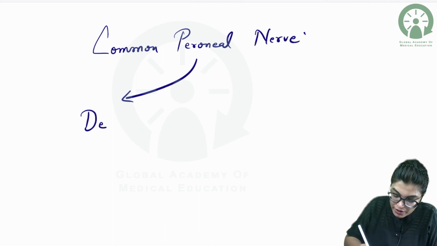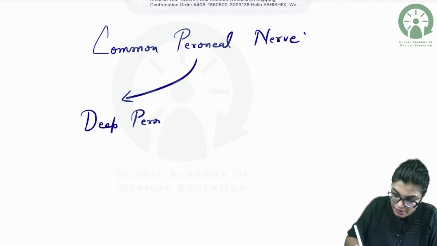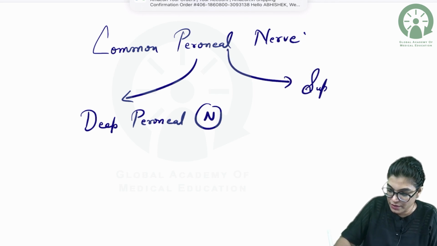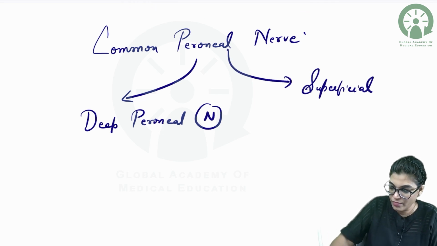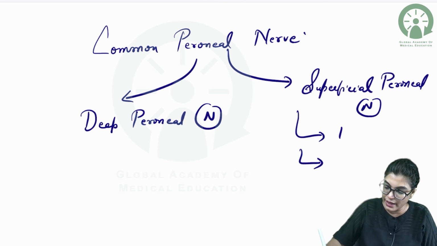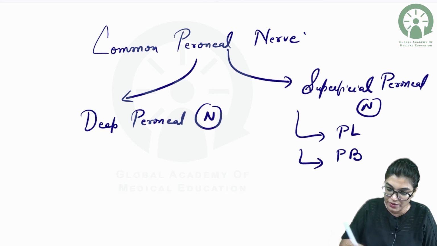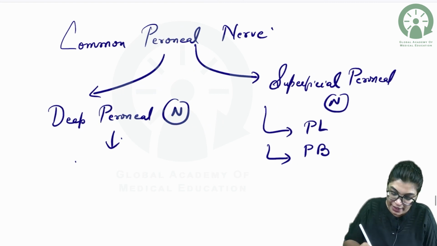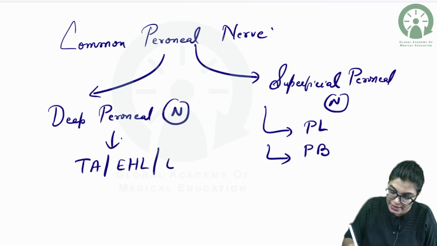One is the deep peroneal nerve and the other is the superficial peroneal nerve. The superficial peroneal nerve innervates the muscles of the lateral compartment of the leg, peroneus longus and peroneus brevis. The deep peroneal nerve innervates the muscles of the anterior compartment of the leg, that is tibialis anterior, extensor hallucis longus, extensor digitorum longus and peroneus tertius.